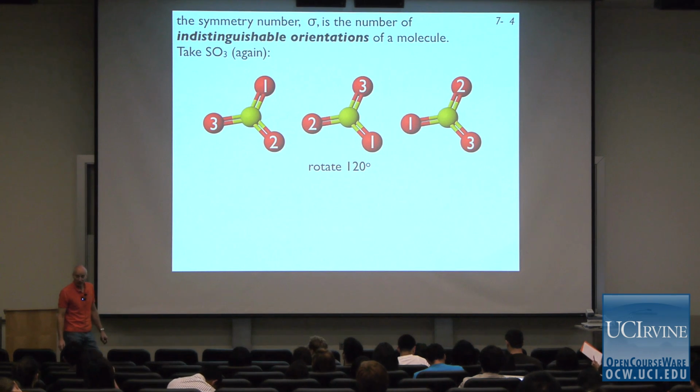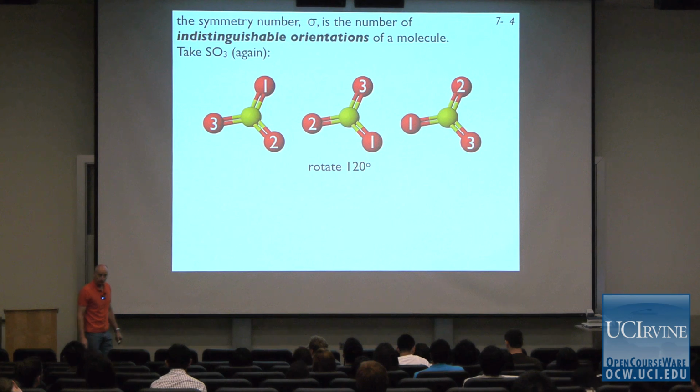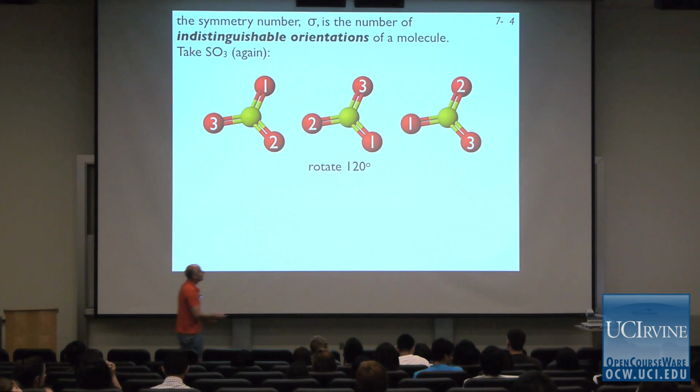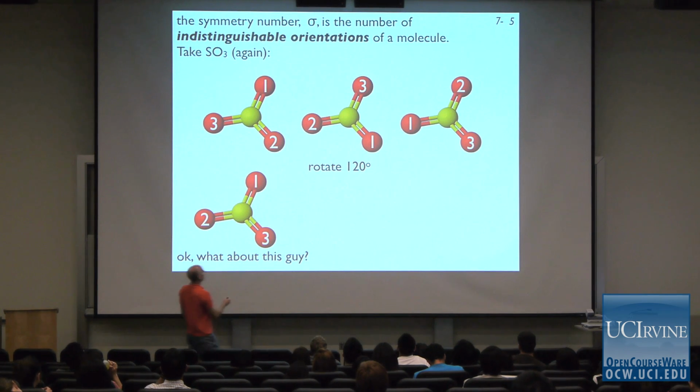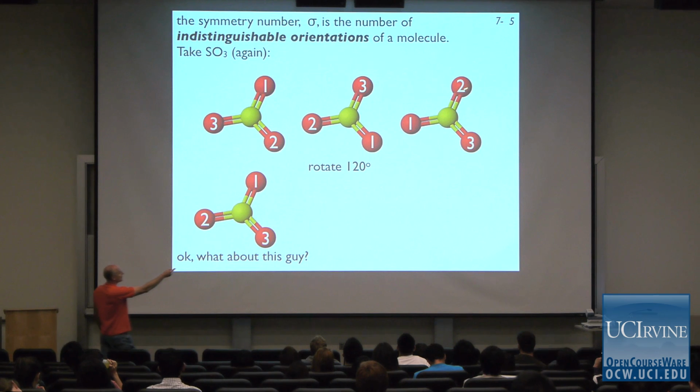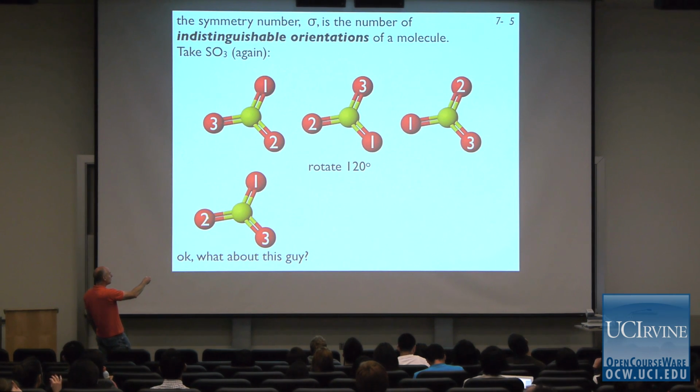Is that it for this molecule? What if I take this guy and I flip him over? Like that. What did I do? I flipped him over so that the 2 is down here now. The 1 is up here, but the 3 didn't move.